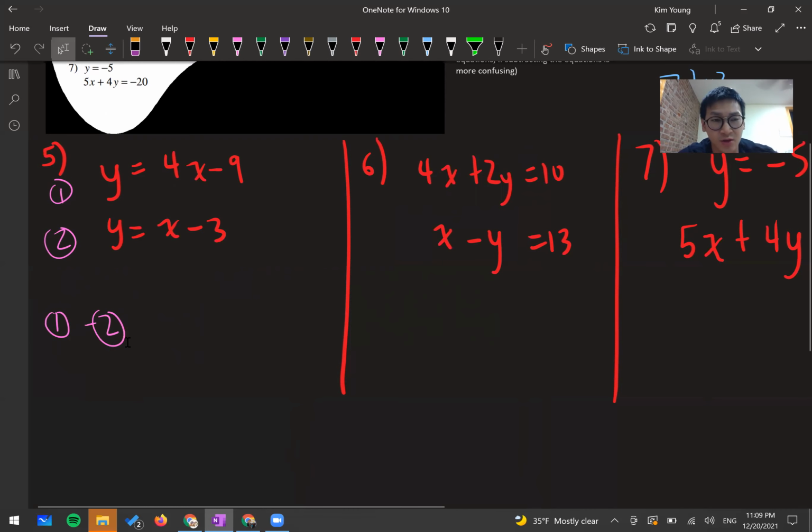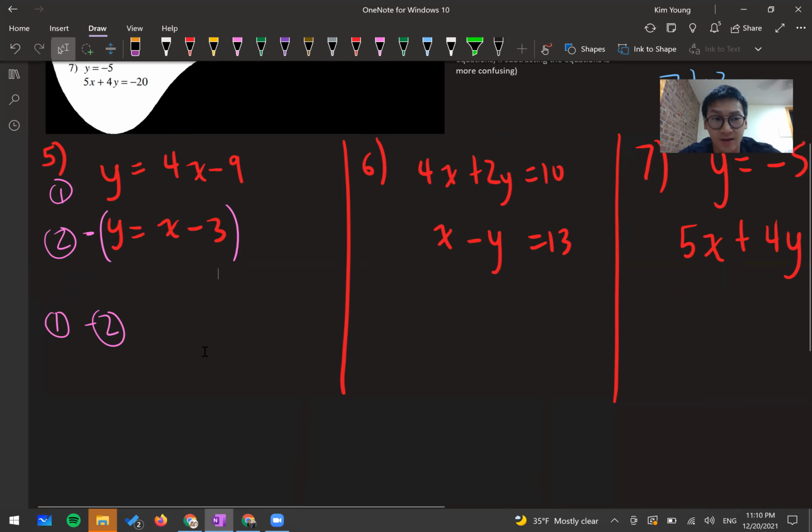Equation 1 minus equation 2 means literally you're going to take this and subtract it with that. Subtract the left sides after you distribute the negative, and then subtract the right side, after distributing the negative. So here you have y minus y, because I distribute the negative.